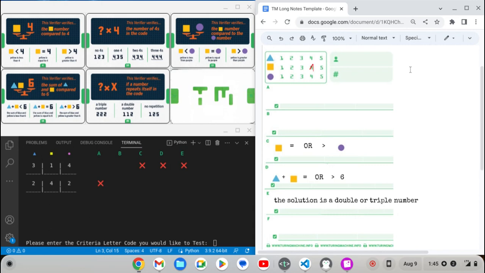And let's update our notes to say that square should be either less than 4 or greater than 4. So what would that mean if, say, square were greater than 4? Well, it'd mean that it'd be a 5.